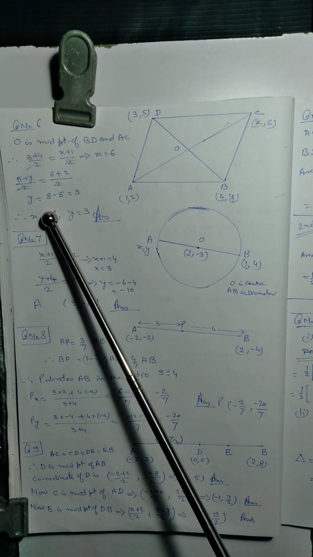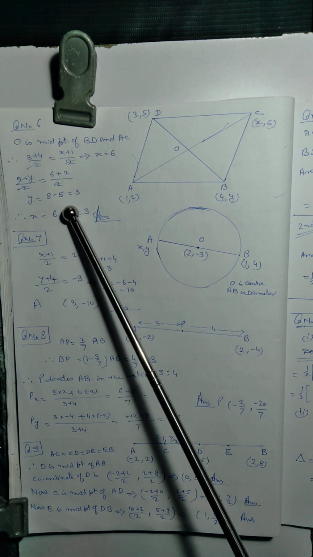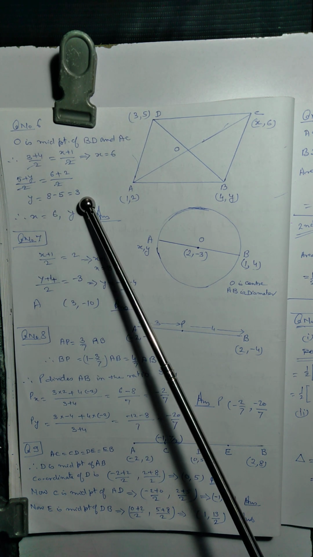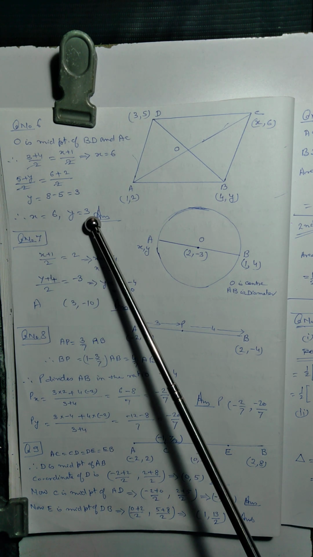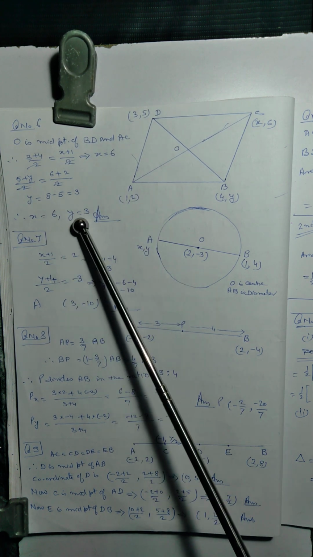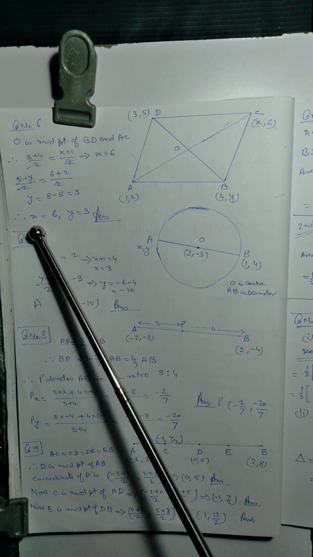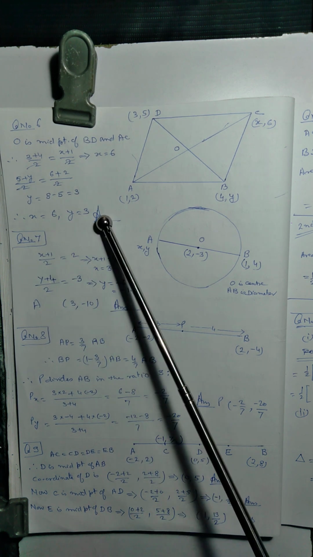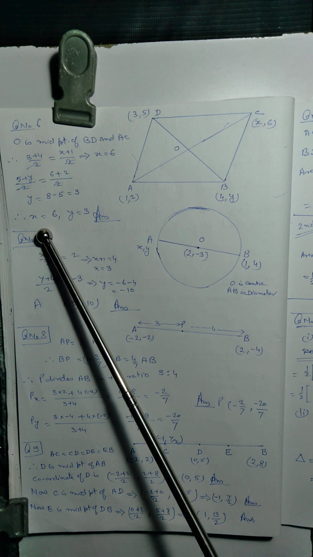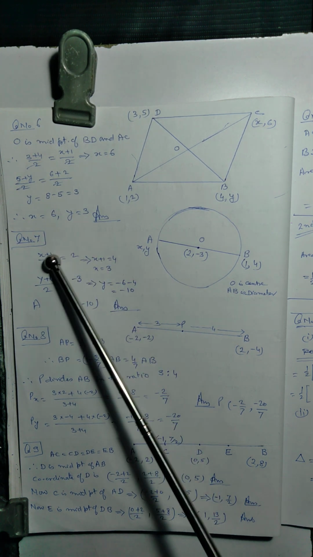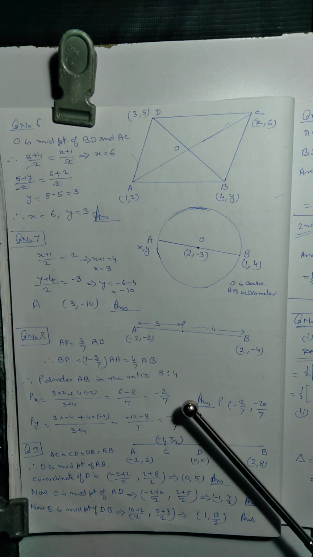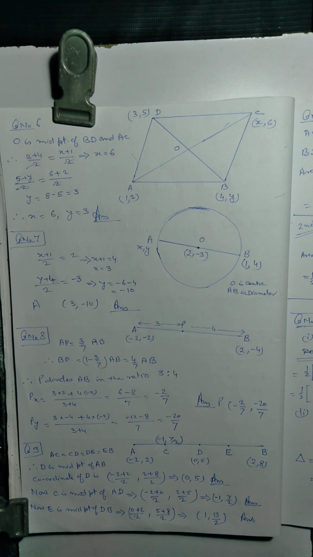So y will be equal to 8 minus 5, that will be equal to 3. So x is equal to 6 and y is equal to 3. This was to be determined, that is, we have to find out the value of x and y, that will be x is equal to 6 and y is equal to 3, and this will be your answer.